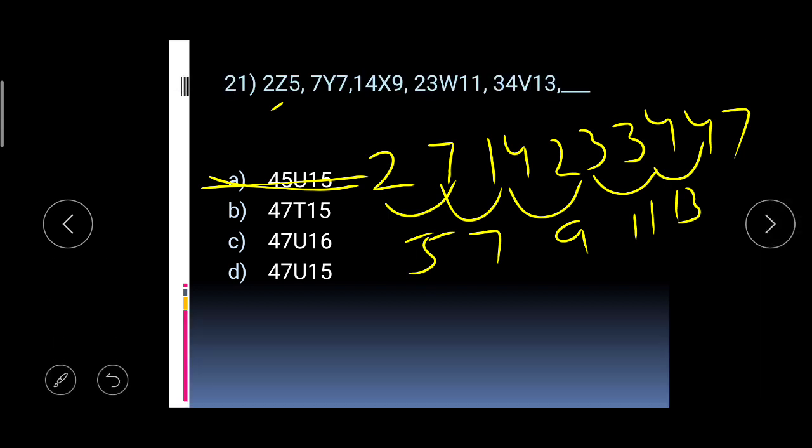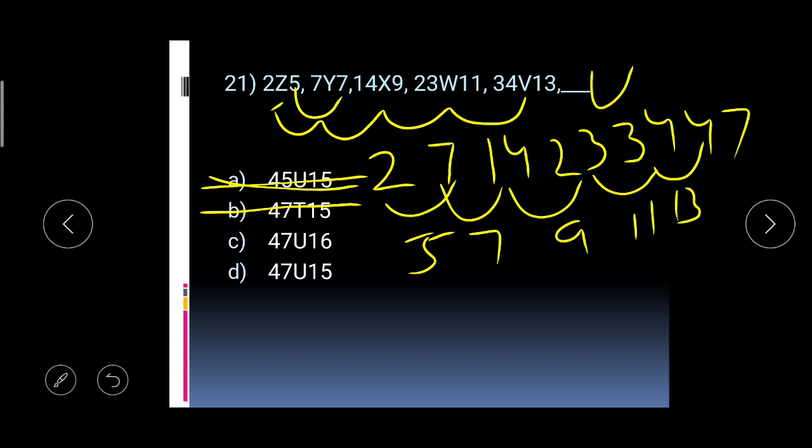If you start reading the letters in reverse order, right? V, W, X, Y, Z, then what term should come before? It has to be U. U, V, W, X, Y, Z. So it has to be 47U. That means B option is also ruled out. We are left with only 2 options, 47U16 and 47U15. Okay, let's try to figure out with the third series as well.